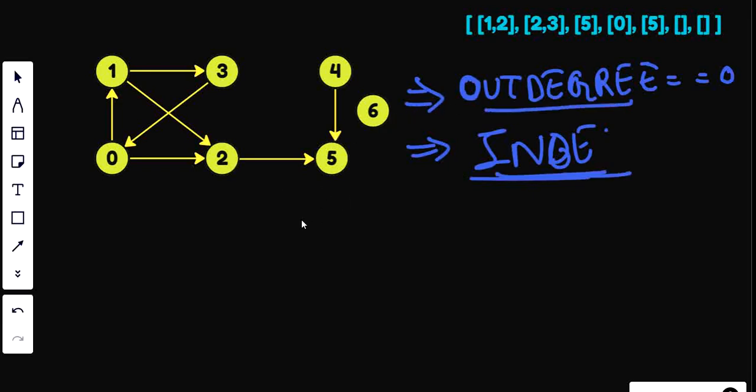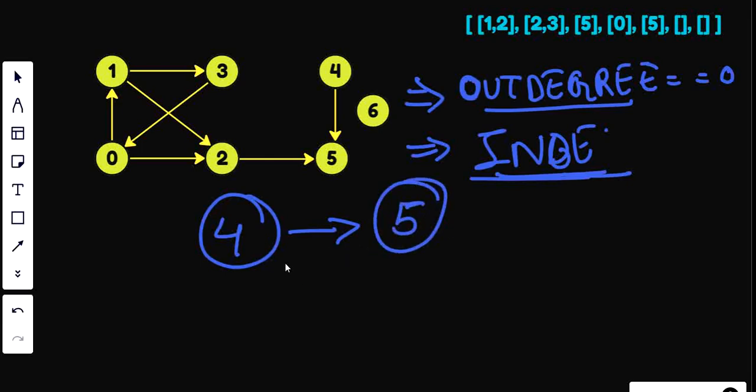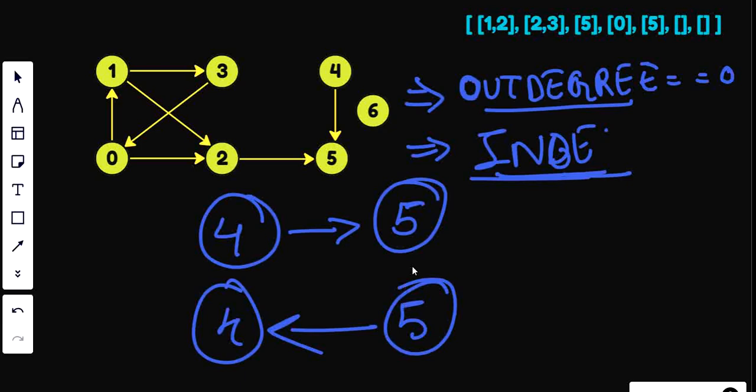If I say that the inverse of out degree is equivalent to in degree, right? If 4 has an out degree, an edge towards 5, and I reverse it like this, it becomes in degree. Now the outgoing edge is reversed, so I can utilize the in degree part.